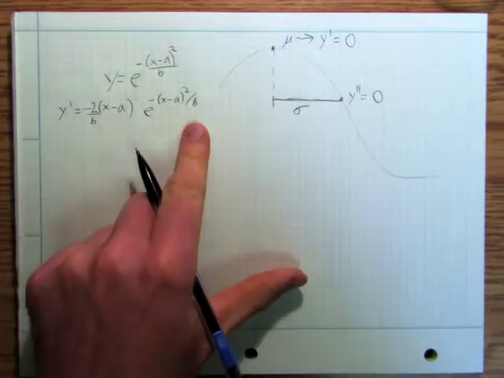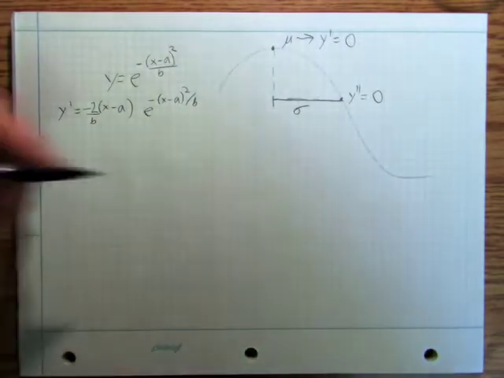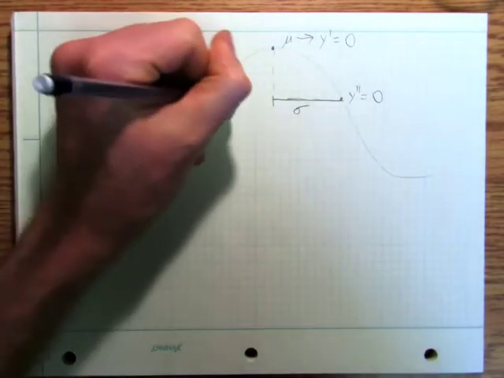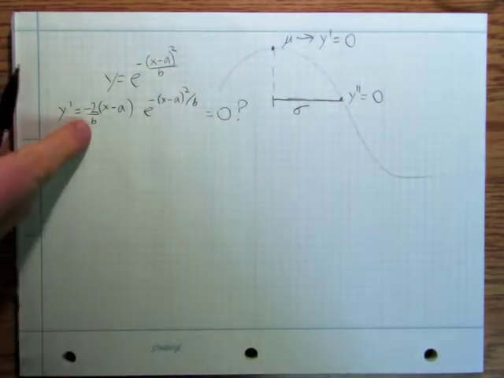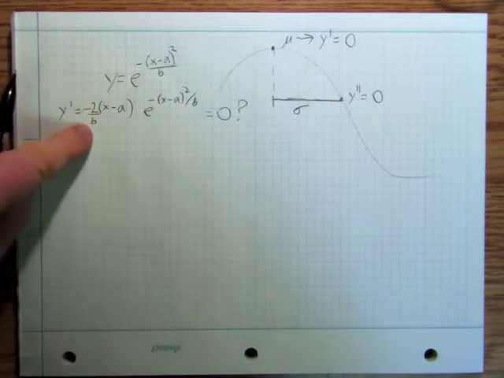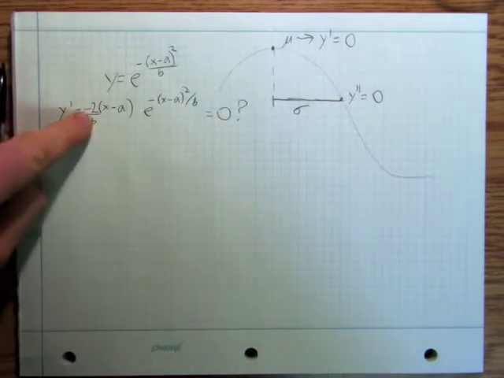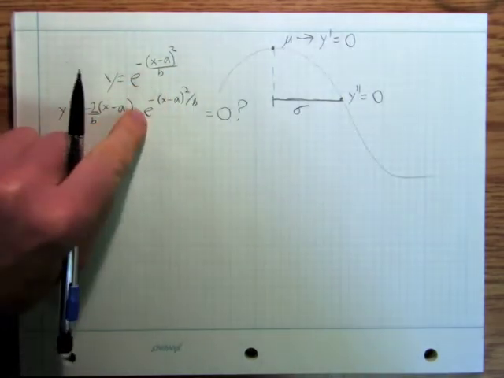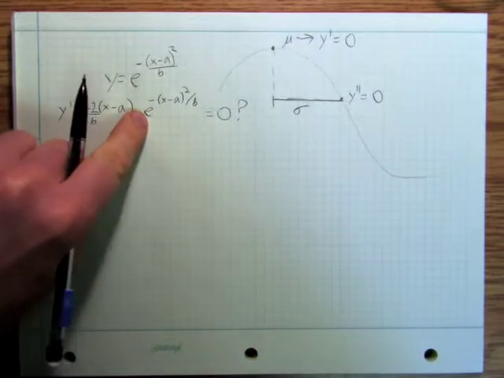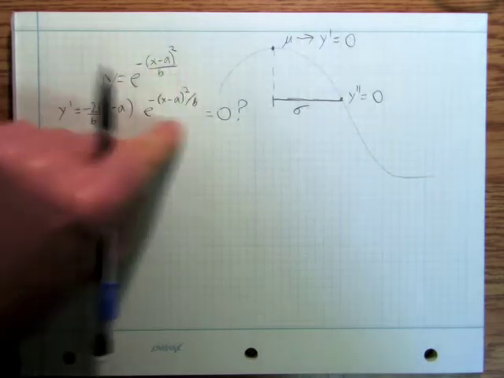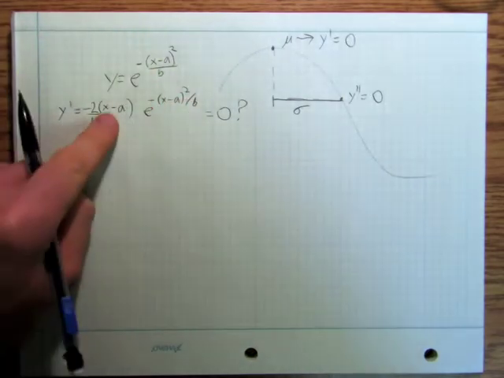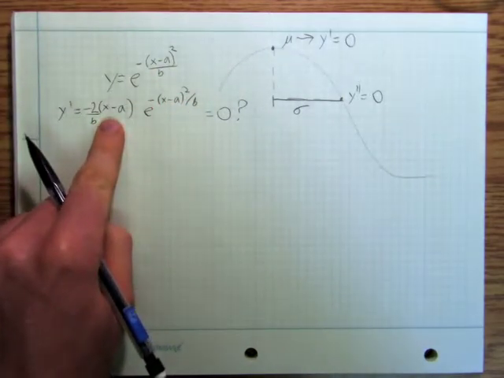Where does this function equal 0? Well, b is a constant, so negative 2 over b is still a constant. My exponential function can never get to 0. It's asymptotic towards 0, but it never gets there. So the only thing that can equal 0 is this.